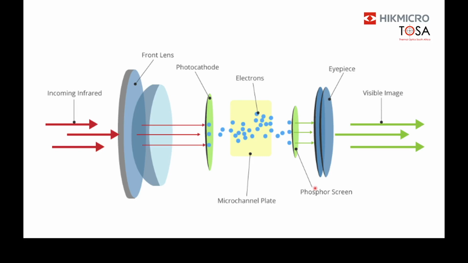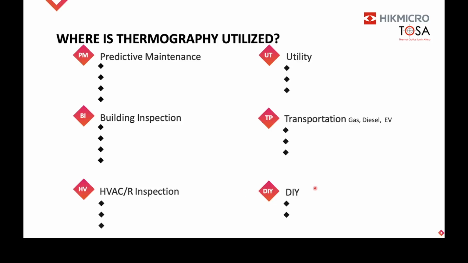When they hit the phosphor screen, and in our case, this is actually a color screen, it becomes visible to the normal eye, as we saw with the visible light, and on the right hand side those little green arrows are the visible image that we see from the phosphor screen.